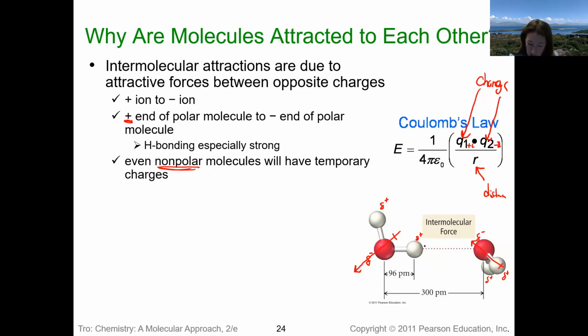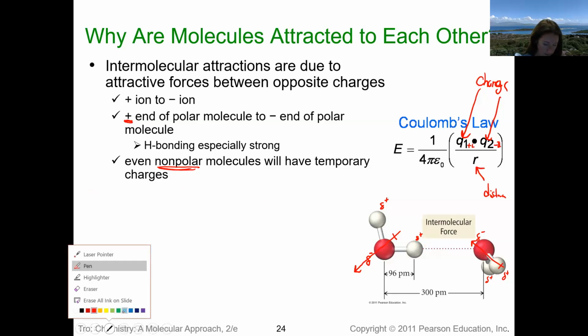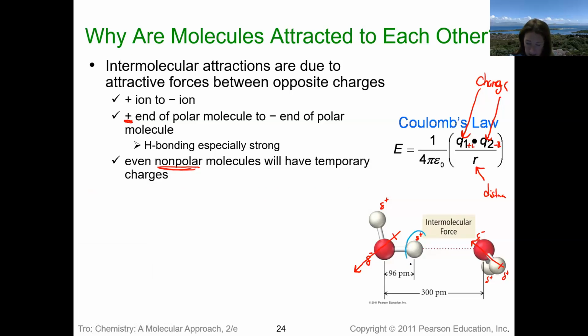This attraction between this side that's positive to this negative, this is what we call an intermolecular force. It's a force where the positive end and the negative end of molecules are being attracted to each other. Opposites attract.